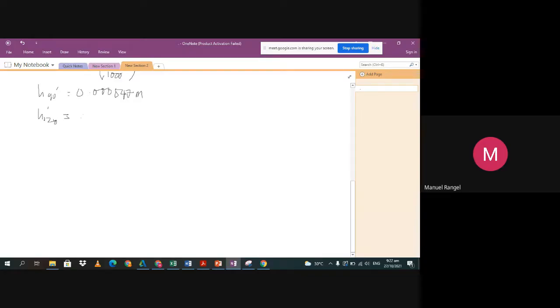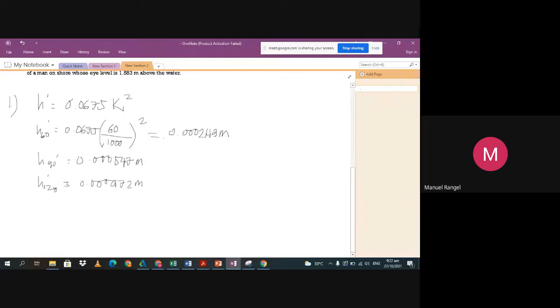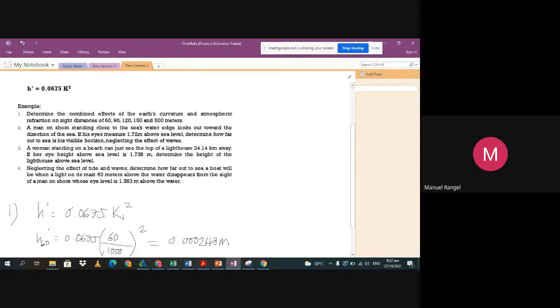That is equal to 0.000972 meters. Okay. So, yung ano lang, no? Direct substitution lang sa formula. Okay, for number 2, so kamo na bahala sa uban, 120, 150, and 500 meters. Okay. So, proceed to sa problem number 2.